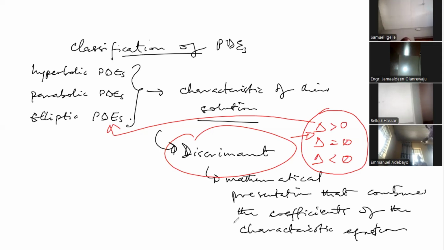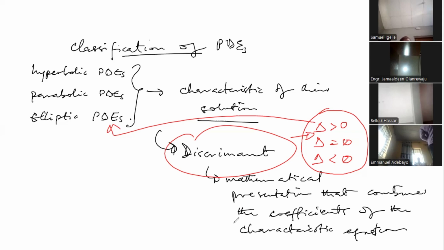The number of directions will be determined by the number of roots in that equation. And the only thing that pulls the roots of that equation together is the discriminant.